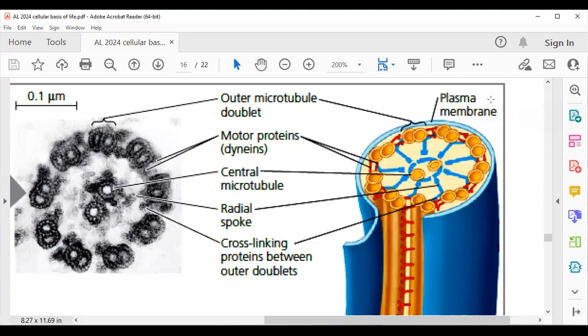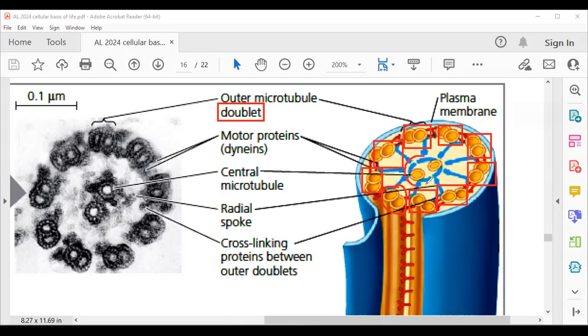When two microtubules stay attached to each other like this, it is called a microtubule doublet. If you count the doublets, there are 9.